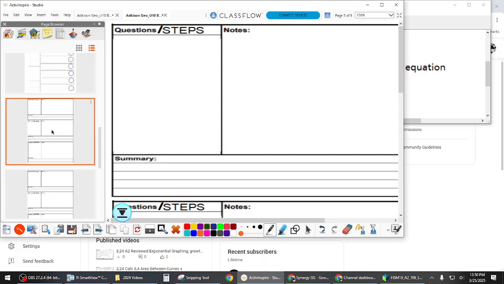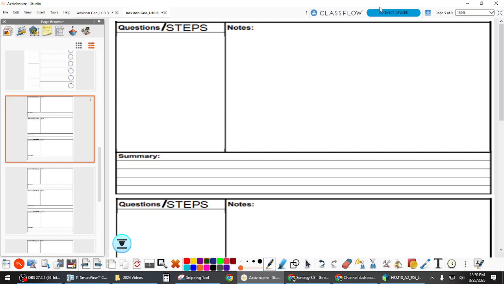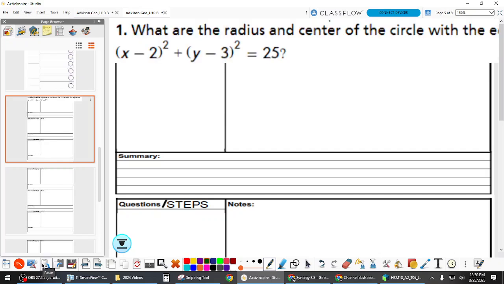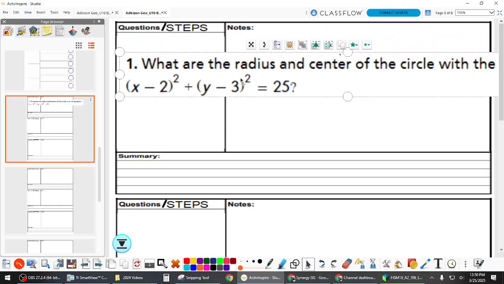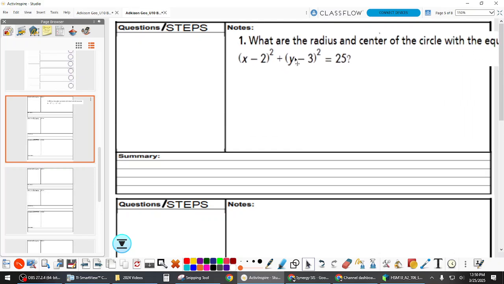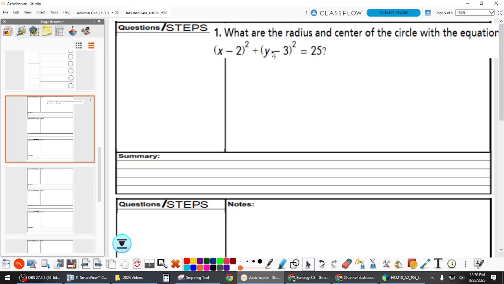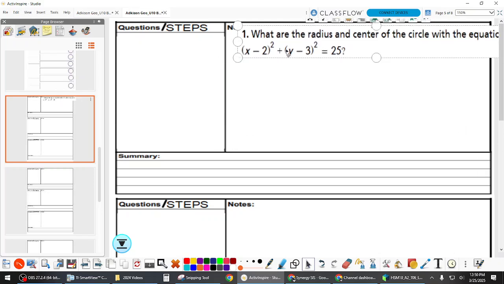Remember, if you ever need more note paper, we can always get you that. Okay, go ahead and stick that in there, a little bit smaller.